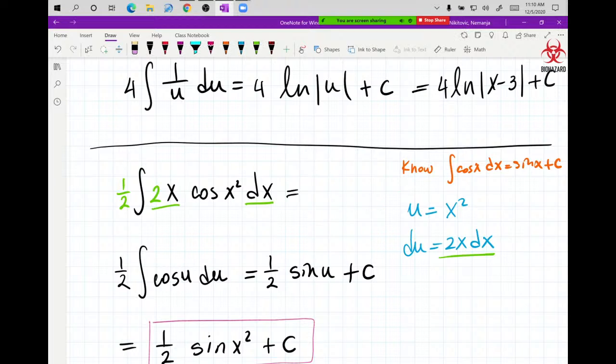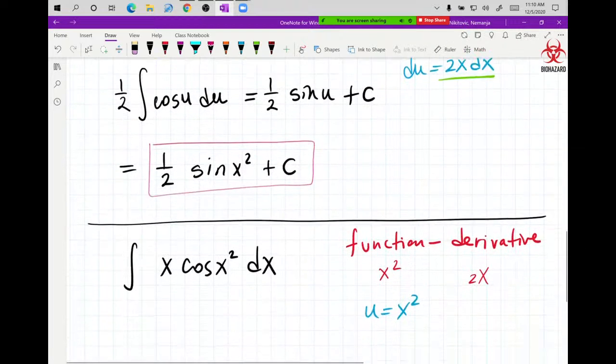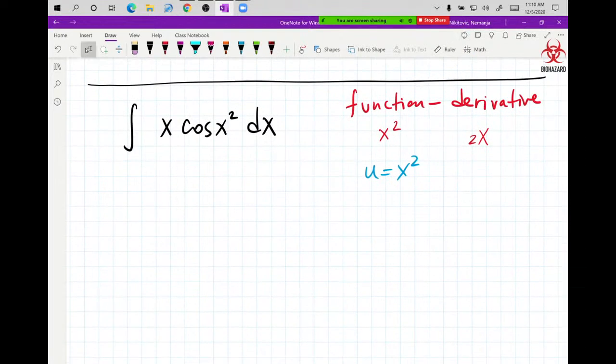Then in Calc 2, you will not be able to differentiate very well between integration by parts and u-sub, and so it creates a lot of problems there. So I like to force this approach: if you have a function and its derivative present, most likely it's u-sub. If you don't have it, then it could be something from Calc 2.